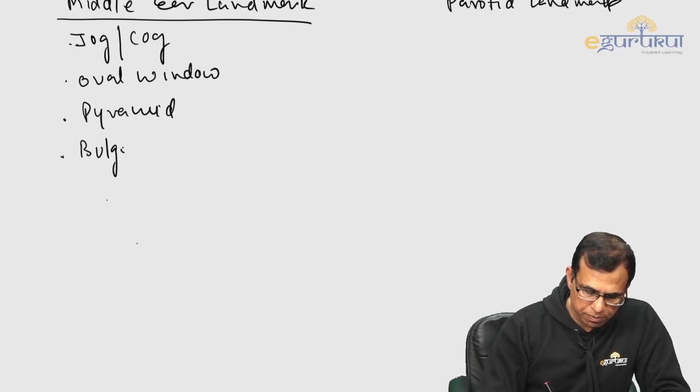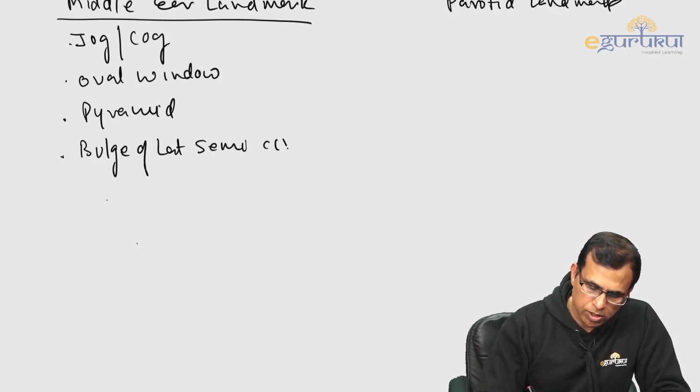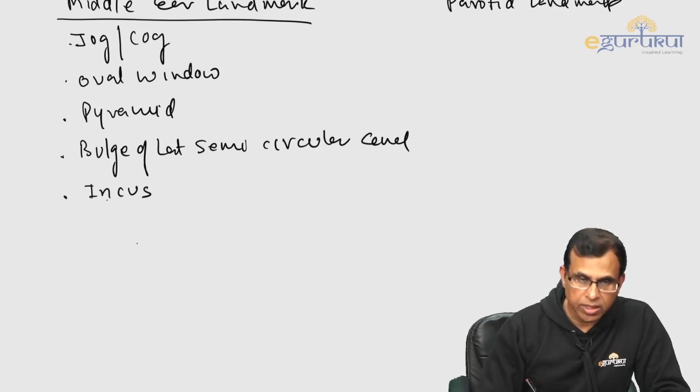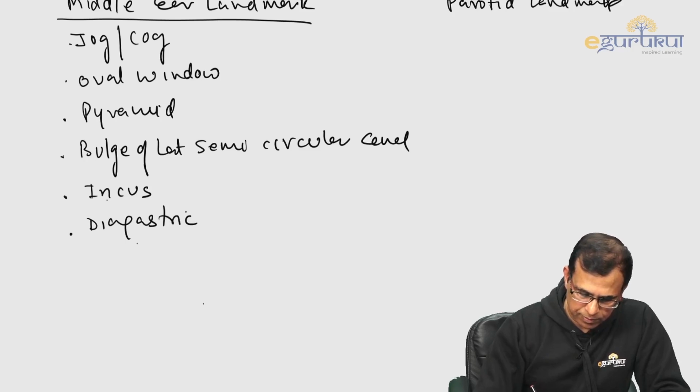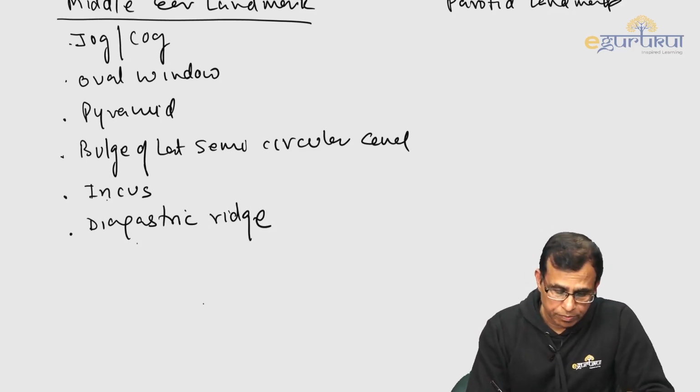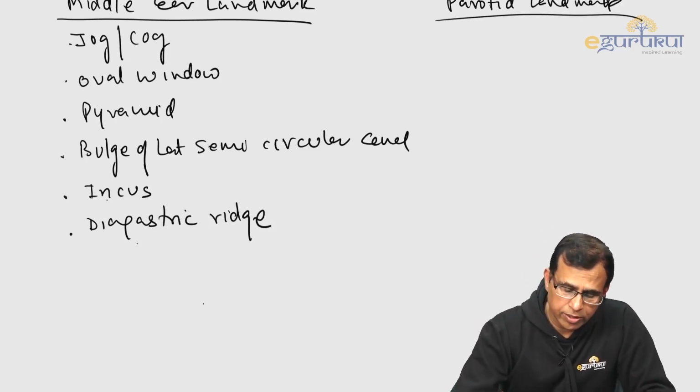Very important landmark is bulge of lateral semicircular canal, and incus. Incus, the third ossicle, is also a landmark, and digastric ridge. These are the surgical landmarks of the facial nerve in the middle ear, mainly.